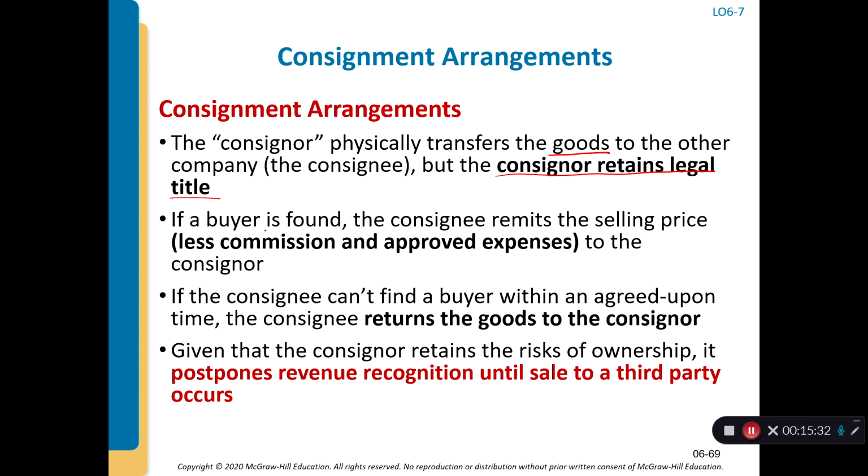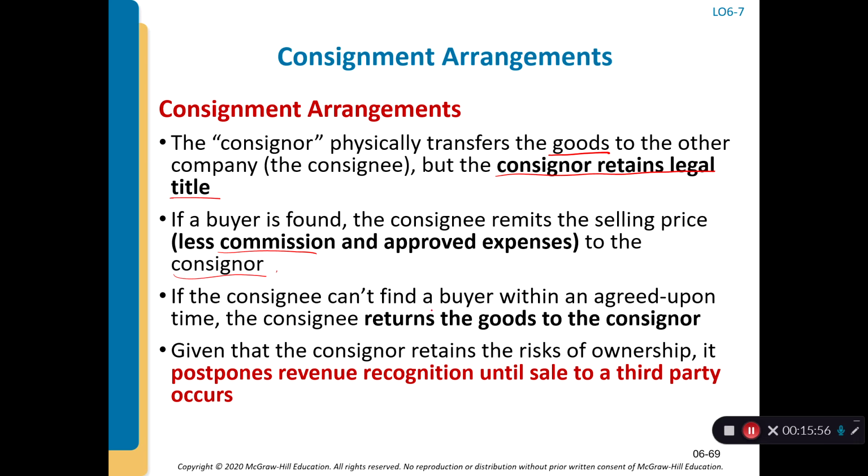But if a buyer is found, the consignee remits the selling price less the commission and approved expenses to the consignor. Say you are charging the customer $200 for this painting, and then $50 is gonna be the art gallery's commission as the consignee, and the $150 is gonna be the artist's revenue, right?